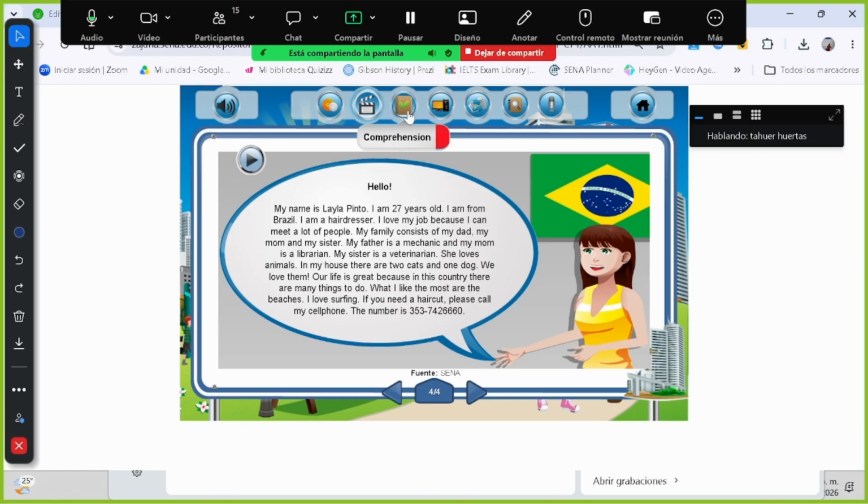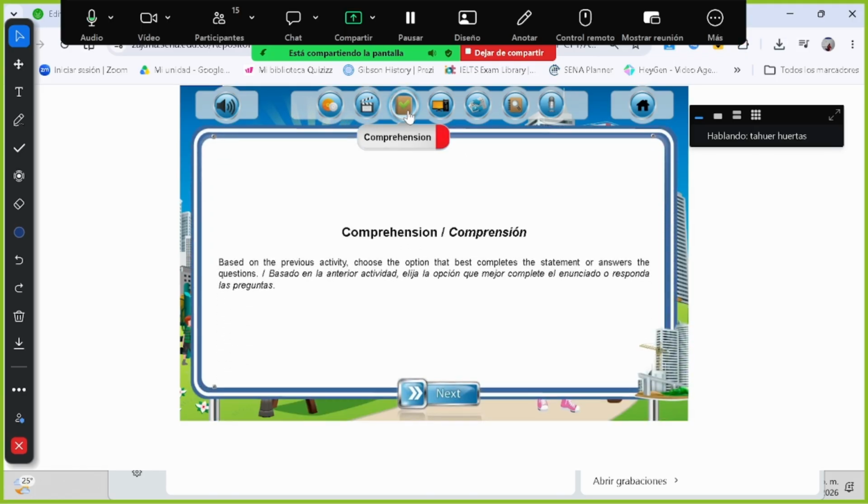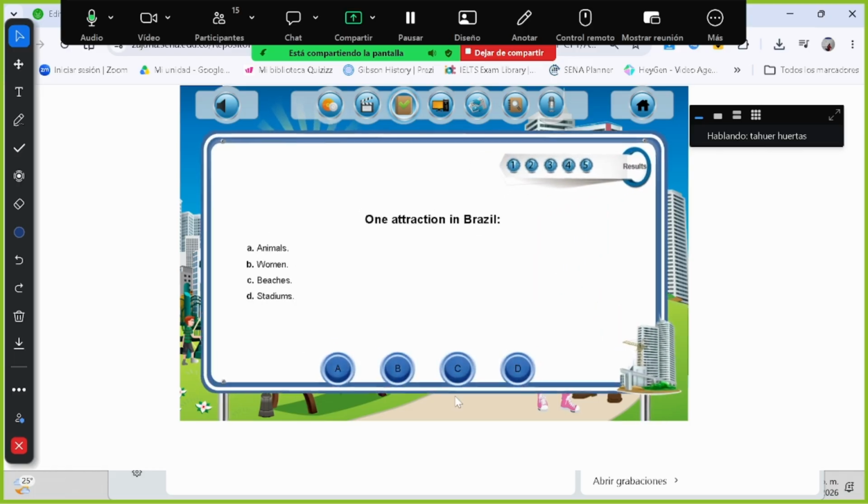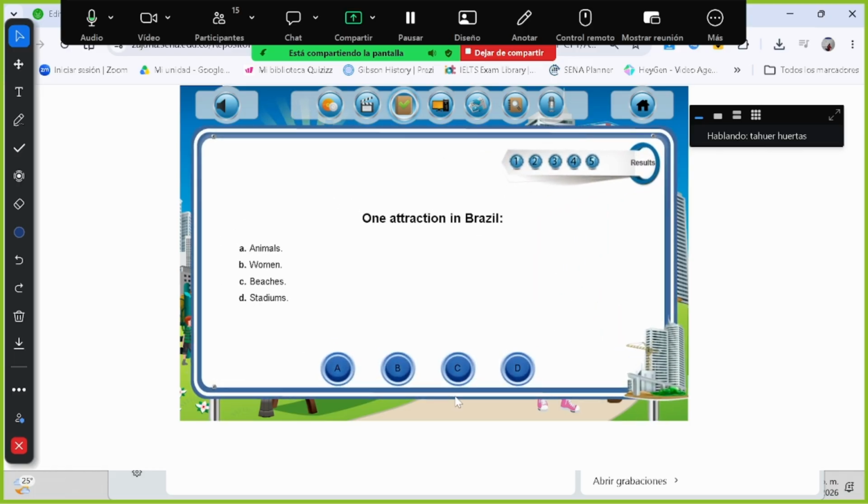Introduction, contextualization, comprehension. Well, in this comprehension, you can see some questions. In this part, we're gonna see if we learned, if we understand the topics.